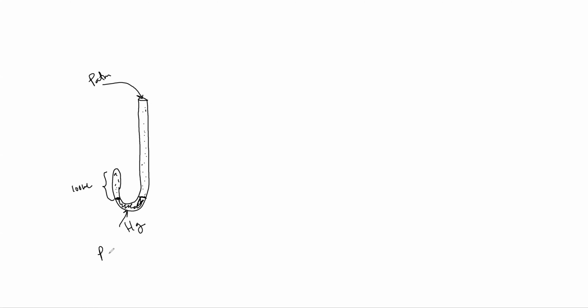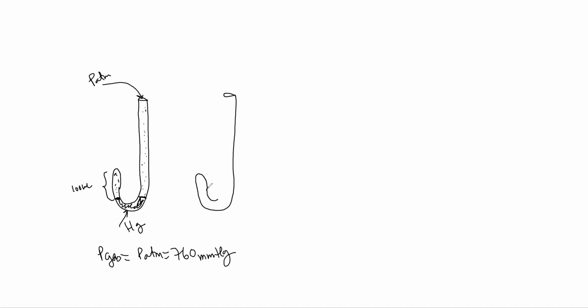So the P of the gas in this manometer is equal to the P atmospheric, which is 760, let's say, millimeters of mercury here. Now, the next thing he did is that, again, he just added to this J-shaped tube 760 millimeters of mercury.